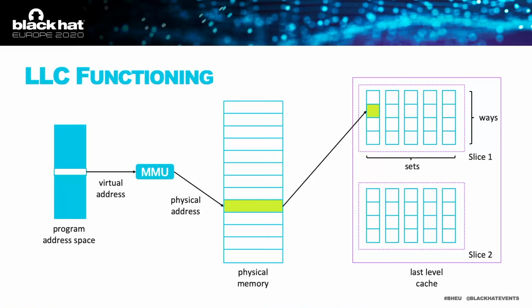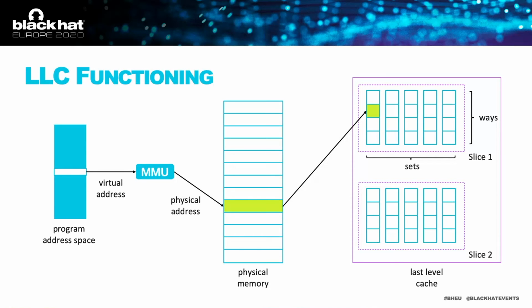But first of all, let me tell you a little bit about how LLC addressing works. They are addressed by physical addresses. So if you have some data at a virtual address X in a program, you first need to transform it into a physical address, right? You have the MMU for that.